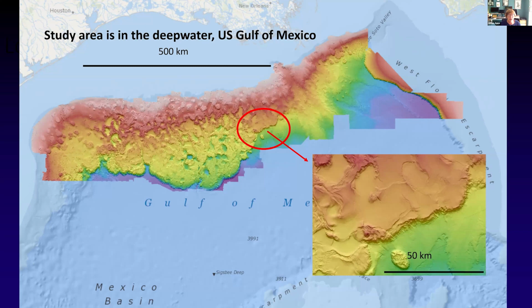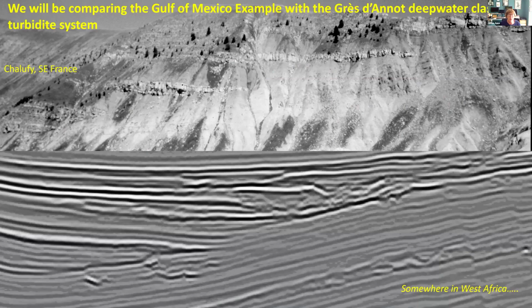So the study area is in the deepwater US Gulf of Mexico, and it's within this area here. And we'll be comparing it with our outcrop analog, which is the Grès d'Annot deepwater clastic turbidite system in the southeast of France, where turbidity currents deposited a thick succession of clastic sediments onto a structured depositional slope, as in here.